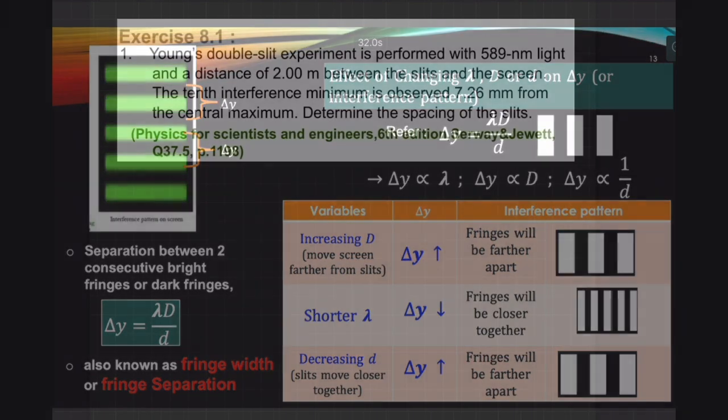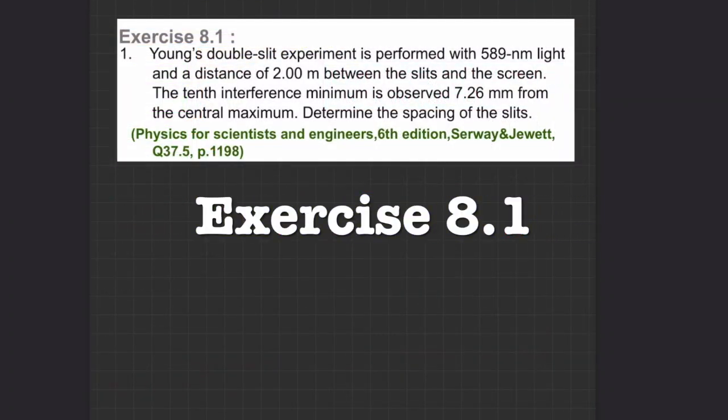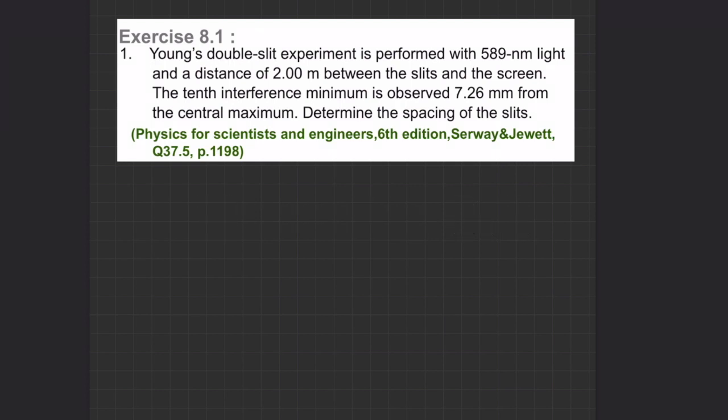Okay, let's move to exercise 8.1. A Young double slit experiment is performed with 589 nanometer light. The 589 nanometer here is lambda, the wavelength, and a distance of 2 meter between the slits and the screen.